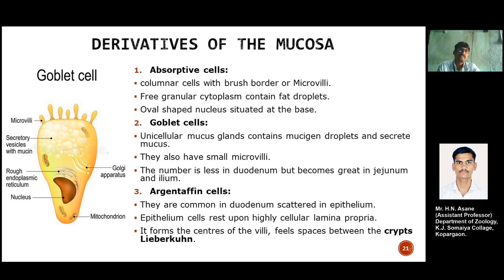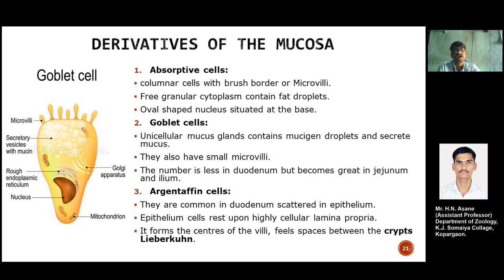Okay, then the absorptive cells are the first cells which are in the mucosa layer. These absorptive cells are the columnar cells with the brush borders of the microvilli. It is also known as the brush border. So these microvilli are present on the mucosa layer or the surface layer to increase the absorptive surface area of the intestine.